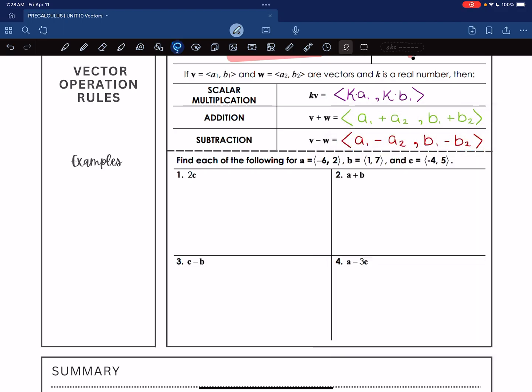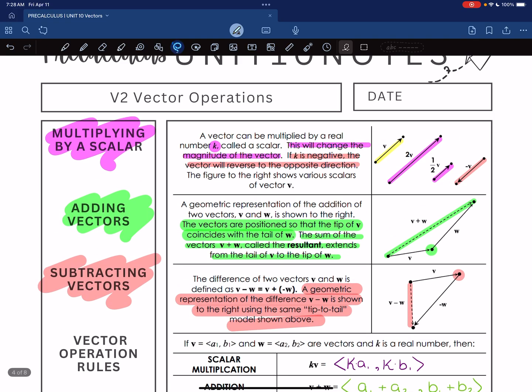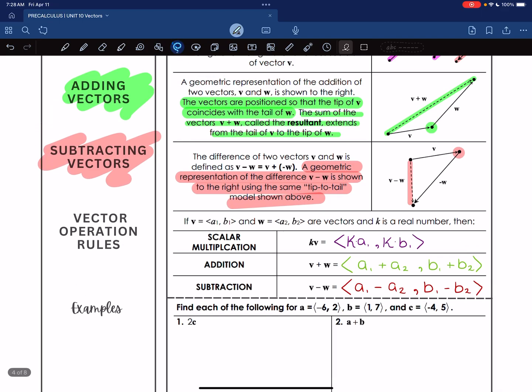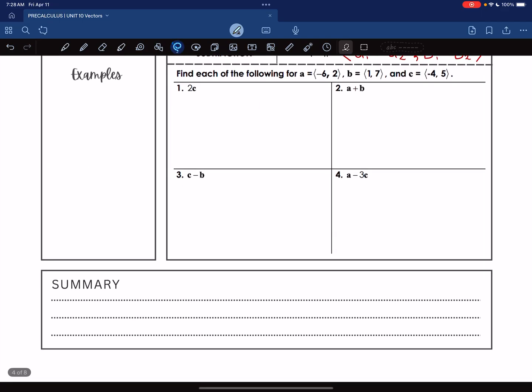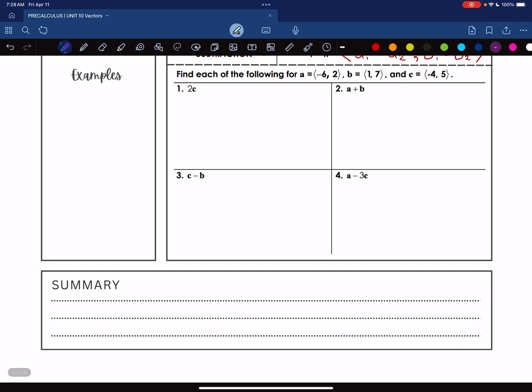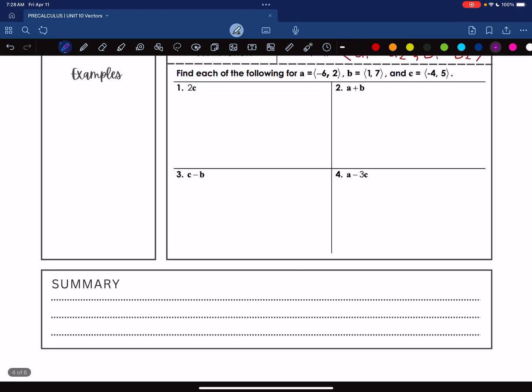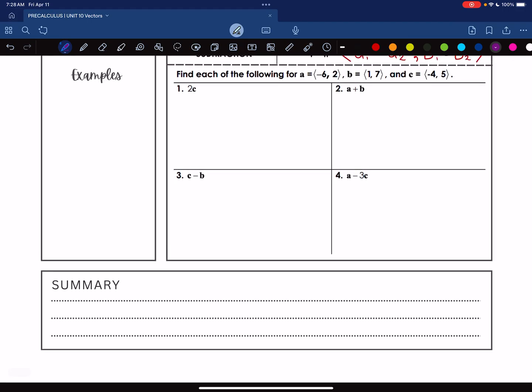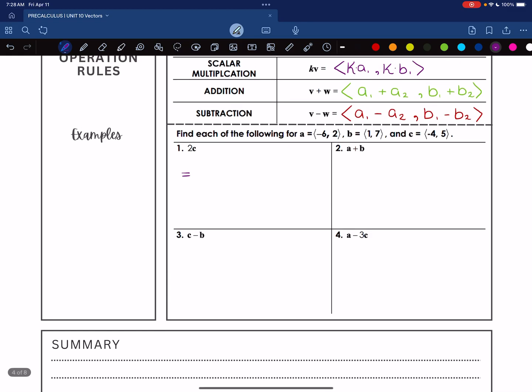Okay, now what we're going to go ahead and do are a few examples together demonstrating both the scalar multiplication and adding or subtracting of vectors. So let's go ahead and get started. For this first one, we have scalar multiplication. We're taking the scalar of 2 and multiplying it with vector c. So what that looks like is we would have 2 times each part of our vector's components.